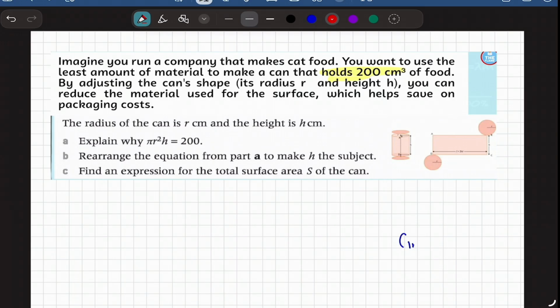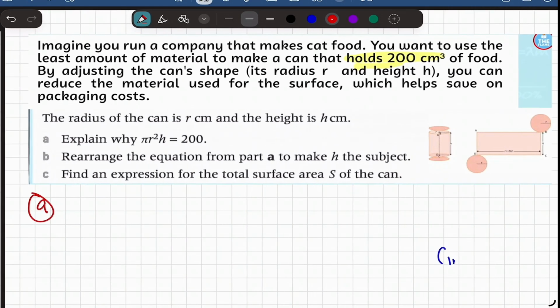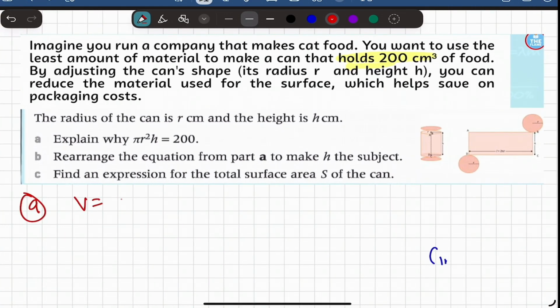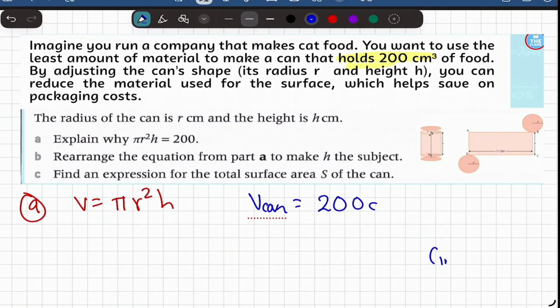So pay attention. For A, the volume of any cylinder is pi radius squared times h. And then the problem is telling you the volume of this can is 200 centimeters cube. So we can set the volume of any cylinder equal to the volume of the can.